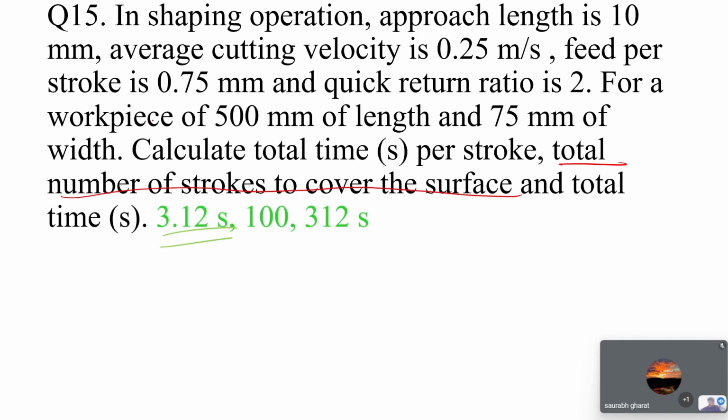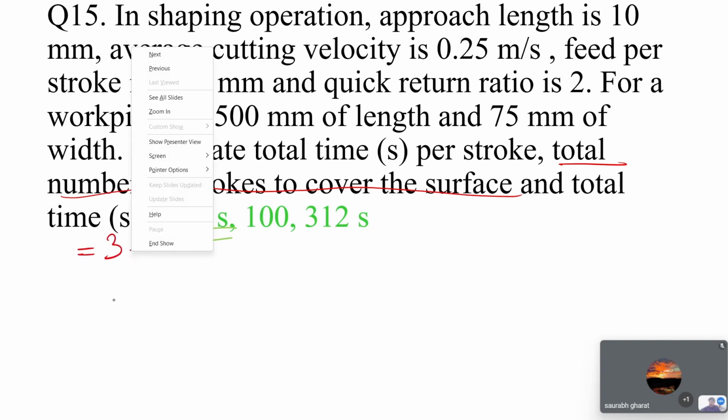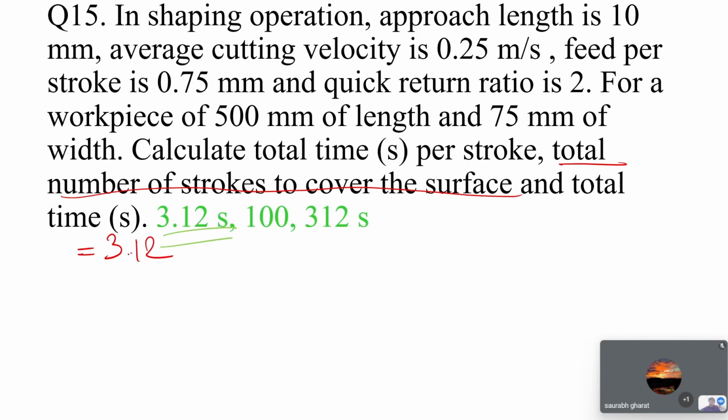We calculated the total time per stroke, which is 3.12 seconds. Okay, so this you know. Now the total number of strokes required to cover this.